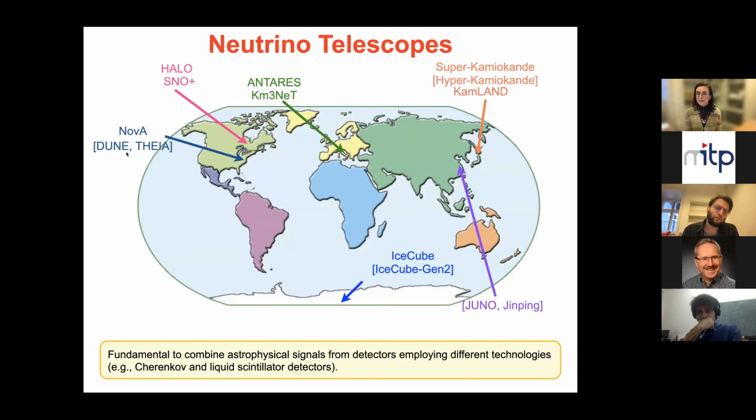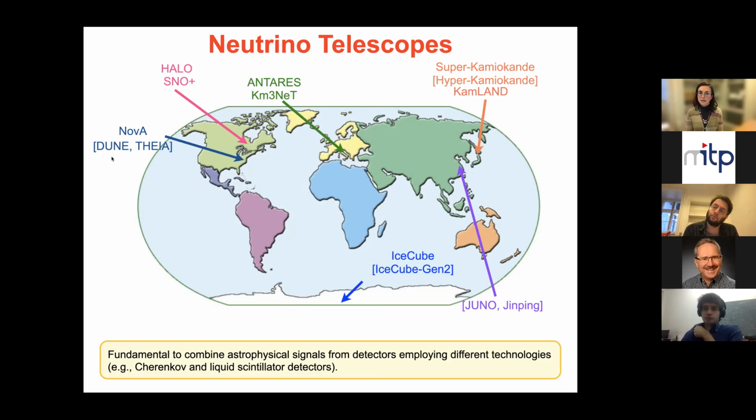Most of them are sensitive to electron antineutrinos, but some, like for example DUNE, which is currently under construction, will be sensitive to electron neutrinos. And again, this is also very useful if we think of non-standard scenarios that can, for example, affect or be interesting only for specific flavors and not others.